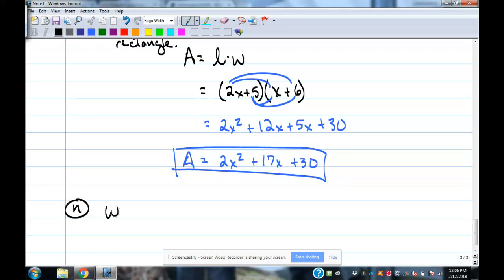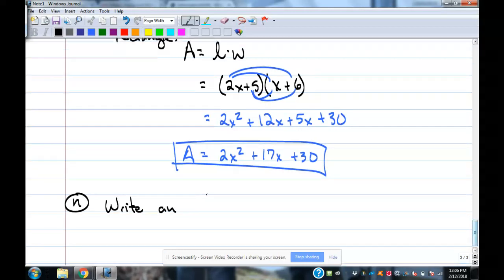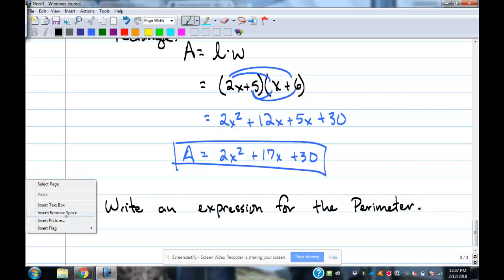Let's take what Micah was talking about, because there are some problems like this, and since he brought it up, I'll just go ahead and do one. Write an expression for the perimeter. Okay. What is the formula for perimeter?